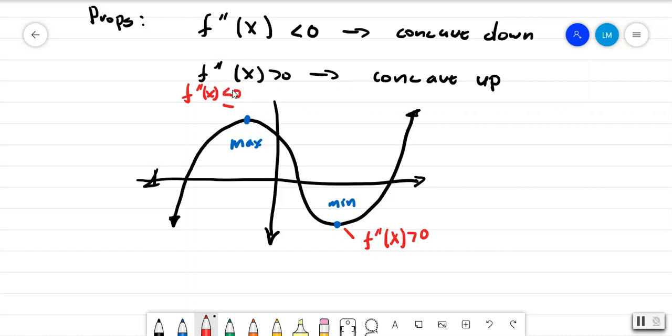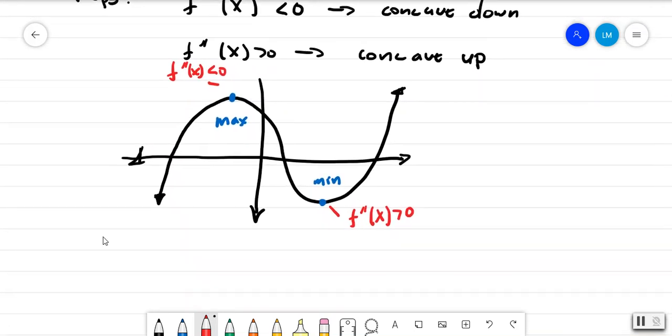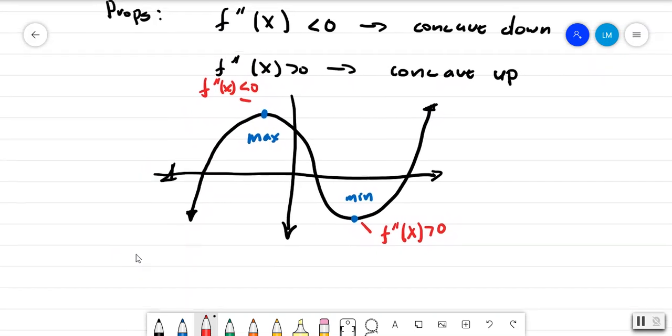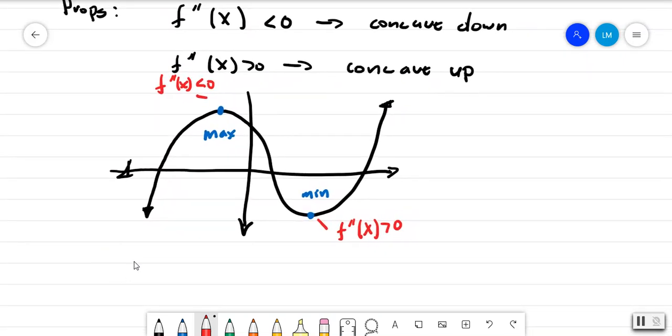Now, of course, if the second derivative is equal to 0, that means it's inconclusive, and also it's possibly an inflection point, meaning that it's probably not much. But you have to check it using the first derivative test.